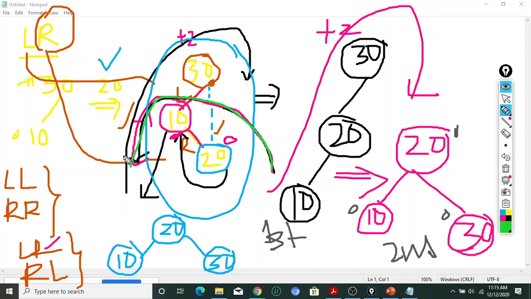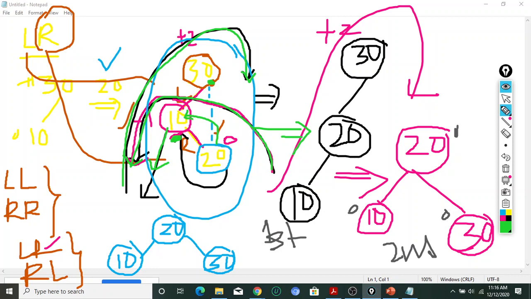First anti-clockwise at this middle node, and then clockwise at the ultimate imbalanced node. If I consider this anti-clockwise rotation, 20 will move to this position and 10 will go down to this one. So this is the first step.